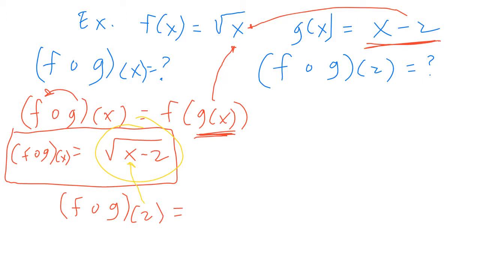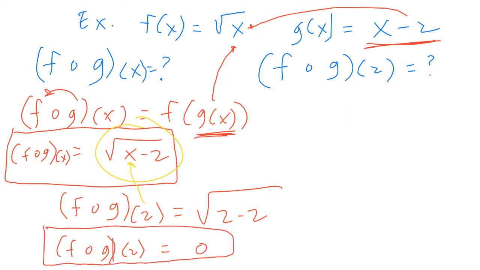So now I will say square root of 2 minus 2. 2 minus 2 is 0. So the answer would be 0. So f composition of g of 2 would be 0.